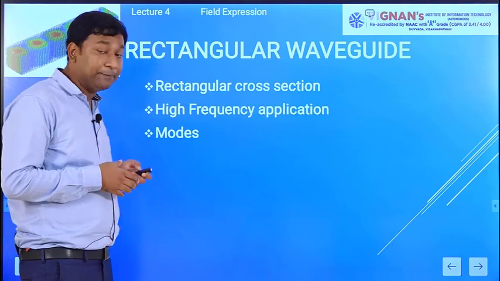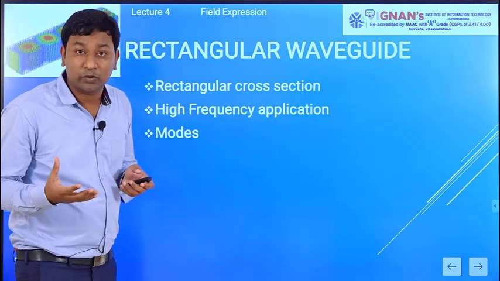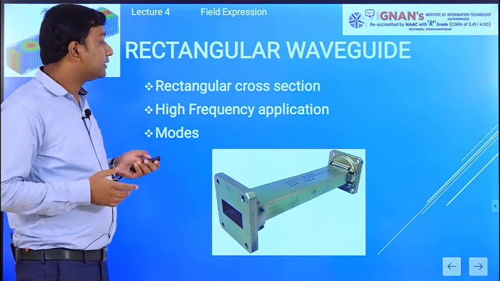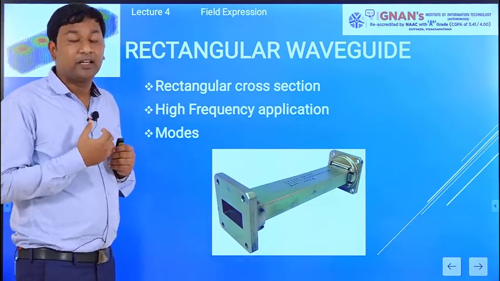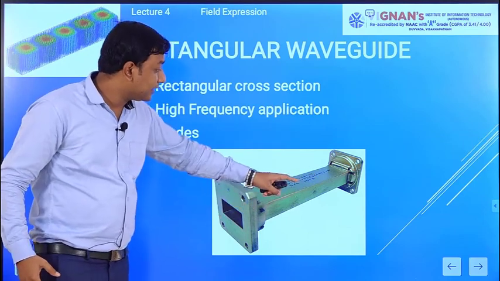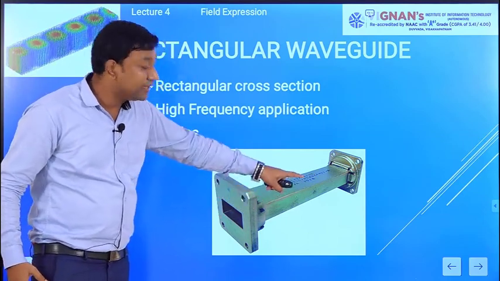Now, what is the transverse magnetic mode? In the transverse magnetic mode, in the propagation direction of the waveguide, the magnetic field is zero.